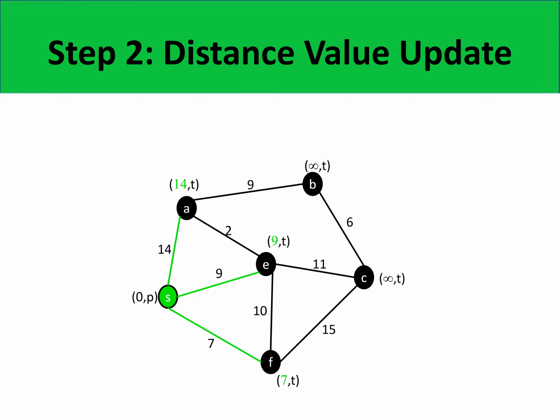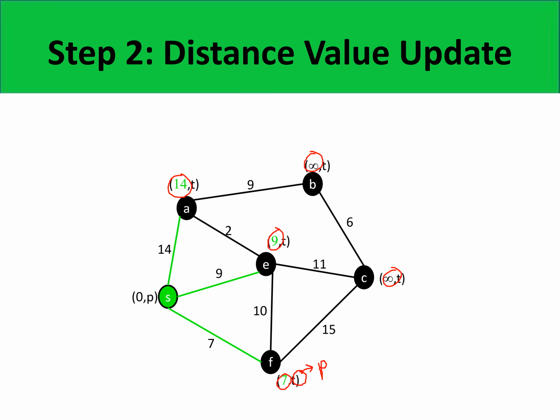Now, among the vertices labeled with temporary, we compare their distance values. The one with the lowest distance value will now be changed with a permanent status label. So in this case, comparing 14, infinity, 9, infinity, and 7, the one with the lowest distance value is 7, which belongs to vertex F. So that means the temporary status of vertex F will now be changed to a permanent status.